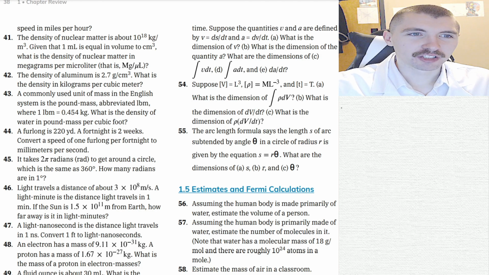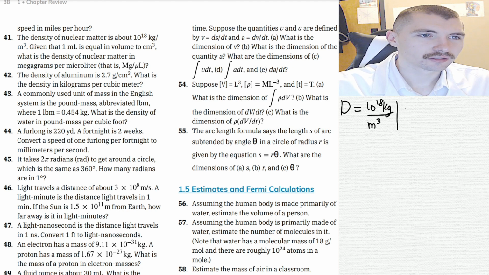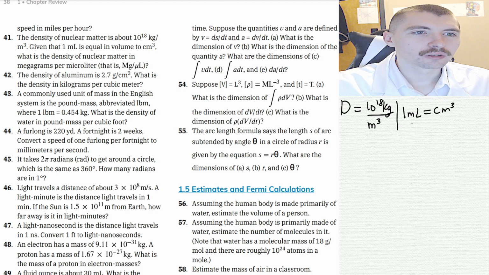Density of nuclear matter is 10 to 18 kilograms per meter cubed. Okay, so density is, given, what is the density in megagrams per microliter?